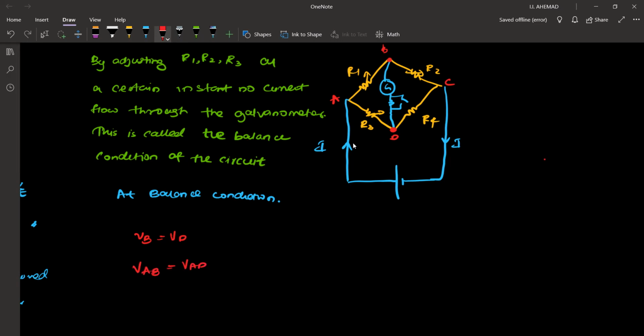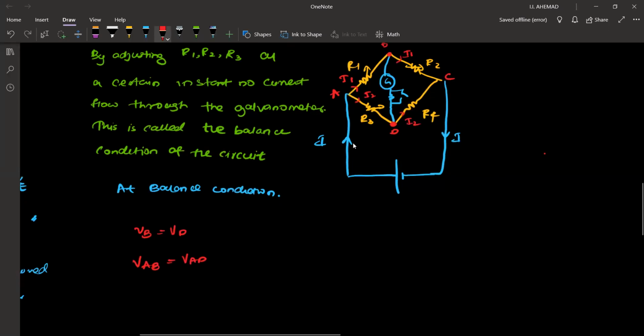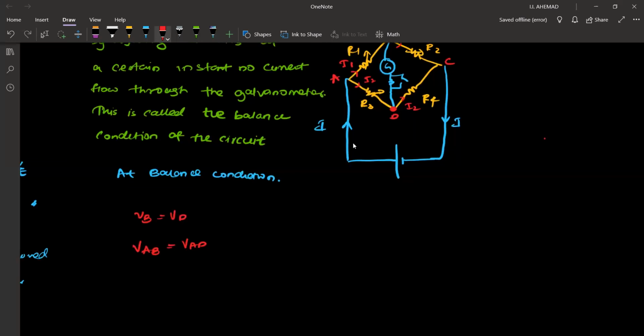Now, let's say the current through this is I1. Then the current through this also has to be I1 because there is no current flow through this. If this is I2, then the current flow through this is also I2. So we can write that VAB is equal to I1 R1, and VAD is equal to I2 R2.